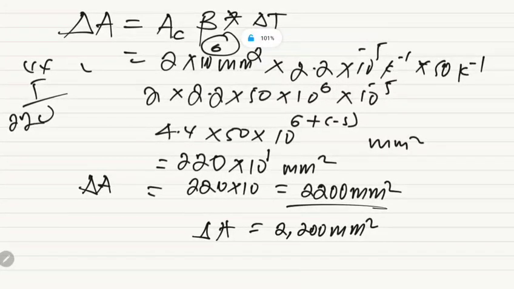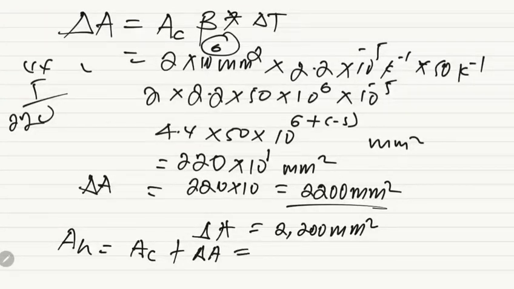The area at the final temperature is required. The area at the hotter temperature is the area at the colder temperature plus the change in area. The change in area is already done there.